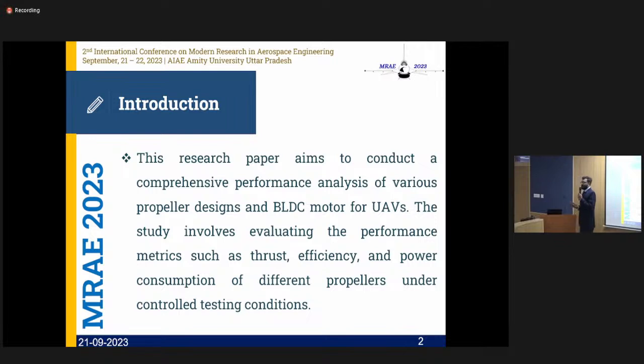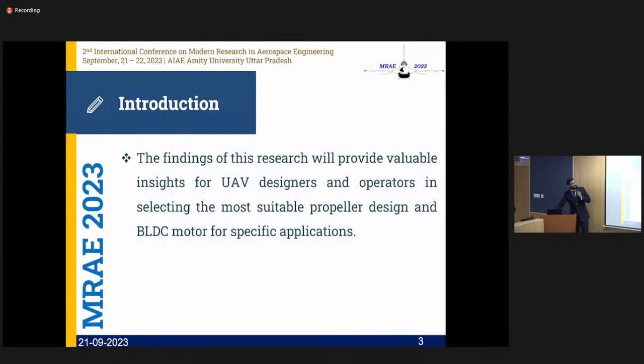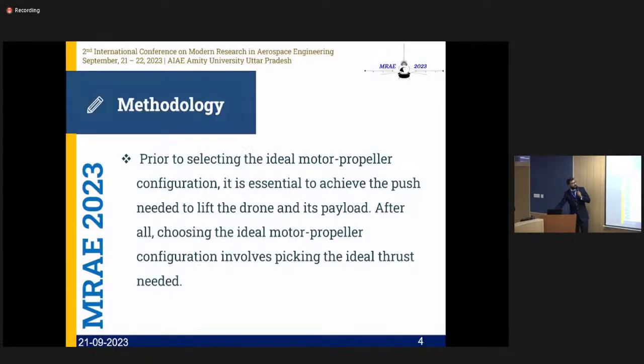Most people think that the bigger the kV, the huge the thrust I will get, or that it's costly or something like that. It is not so. We need to analyze and then find out. We also have smaller propellers and bigger propellers. So, huge kV, I'll put a bigger propeller and give it a try? No, it's not the same. So for this, we did this experimental research.